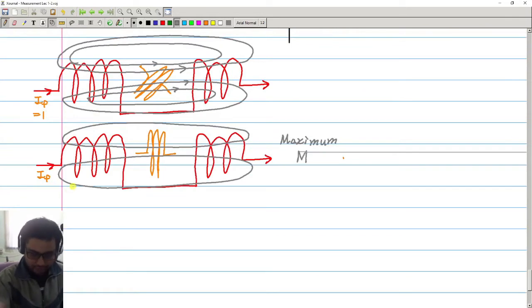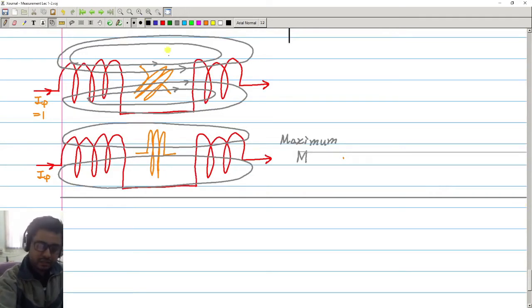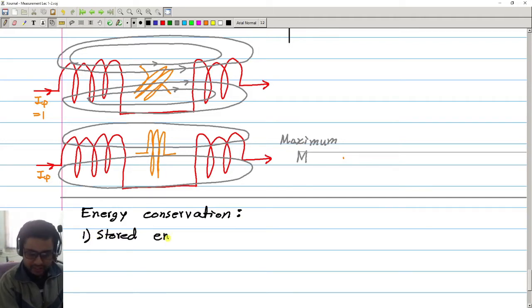Now let me prove that formula. Again we will use conservation of energy. So we have to consider all the different energy transactions. Number one is stored energy.